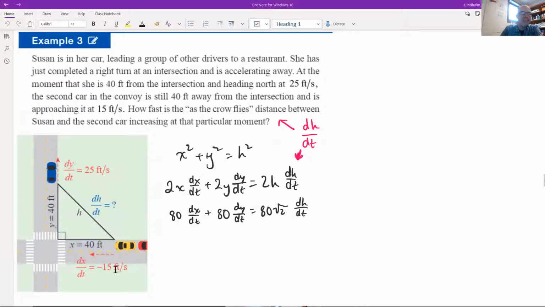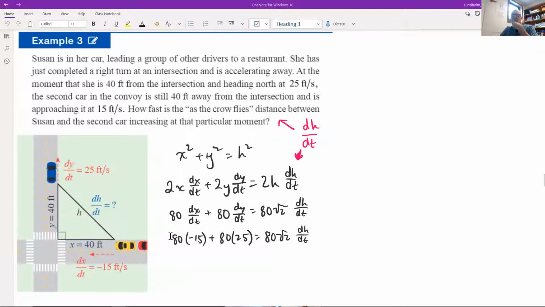That one is negative 15 feet per second, because that side of the triangle is shrinking as the yellow and red cars move towards the intersection. The other one, Susan, is driving away at 25 feet per second. And now we've got an equation where dH/dt is the only unknown.